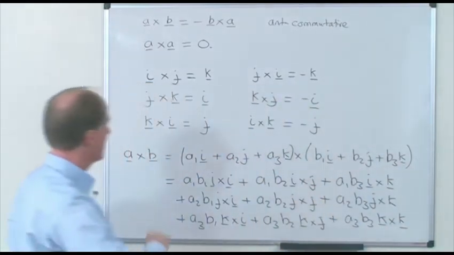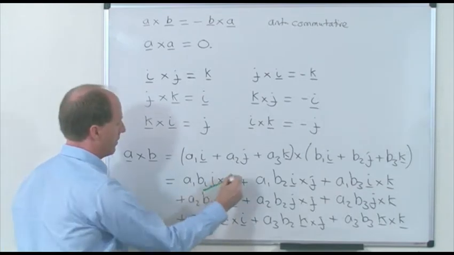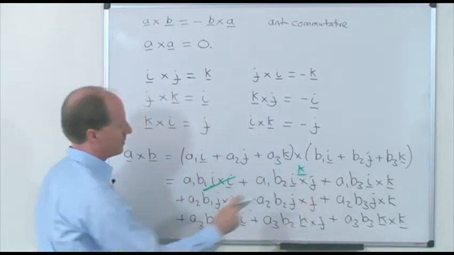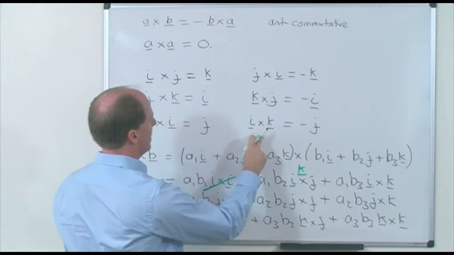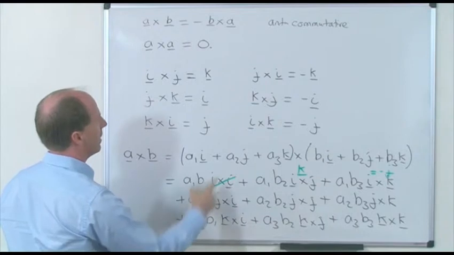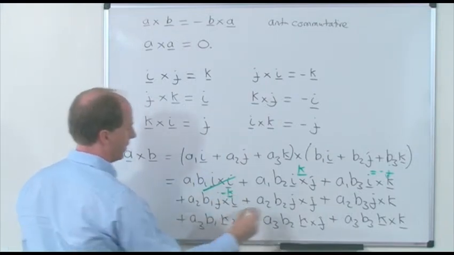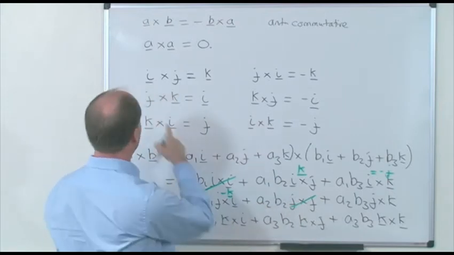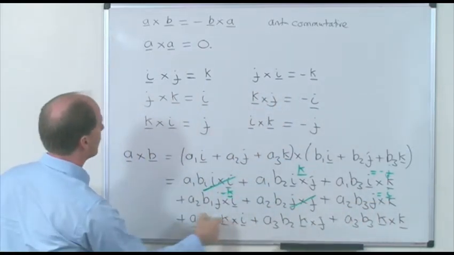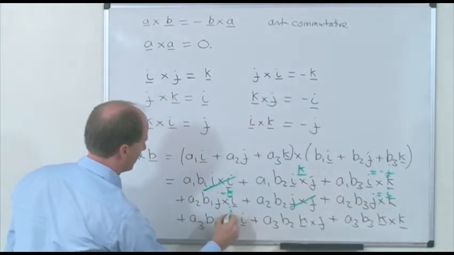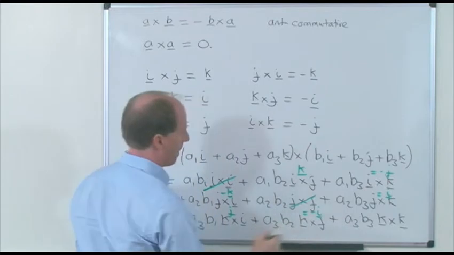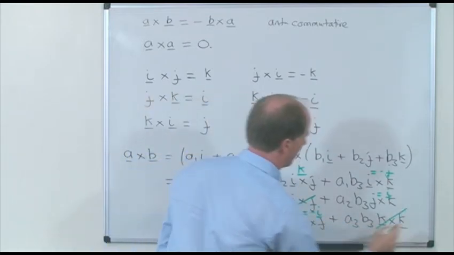So if we look at these terms, i cross i is 0, i cross j is equal to k, i cross k is equal to minus j, j cross i is equal to minus k, j cross j is 0, j cross k is equal to i, k cross i is equal to j, k cross j is equal to minus i, and k cross k is again equal to 0.